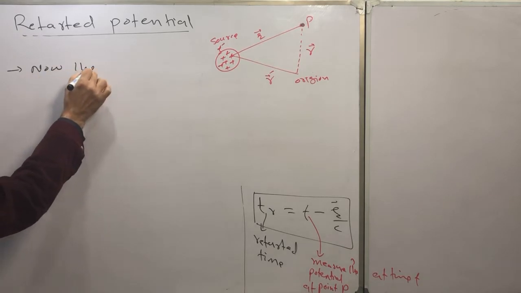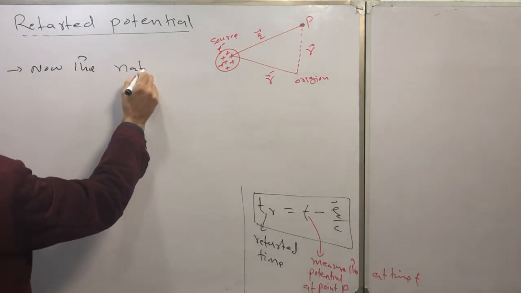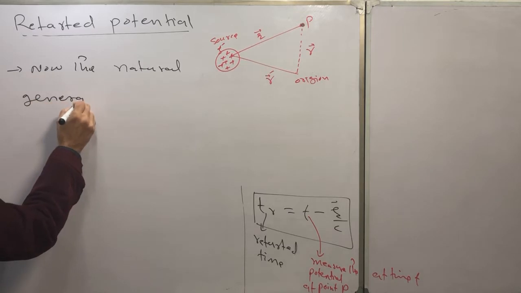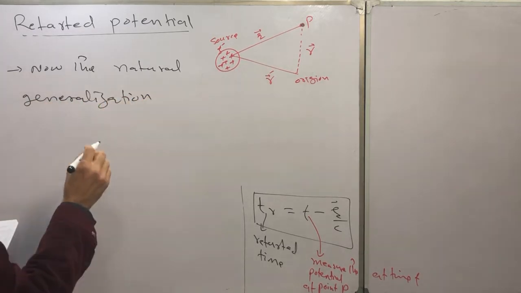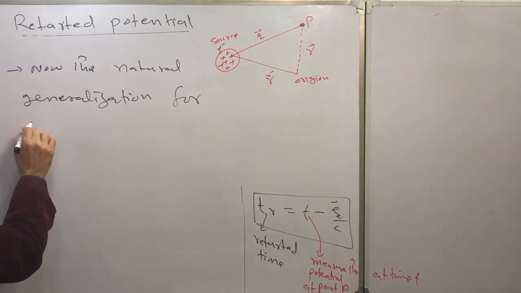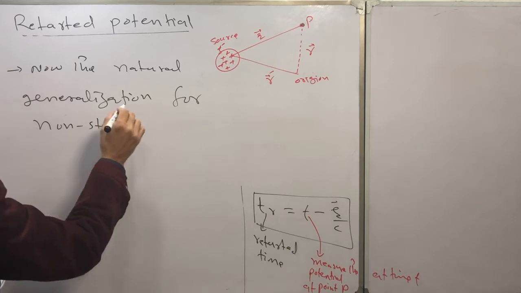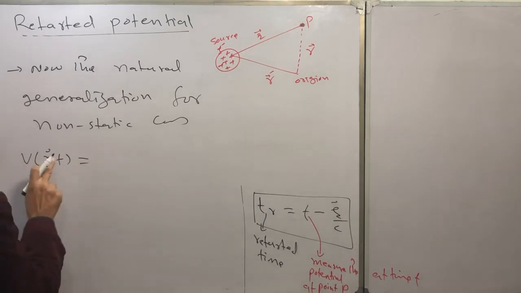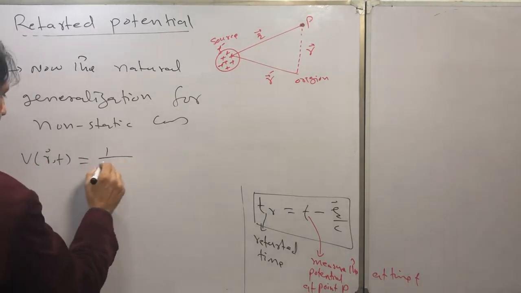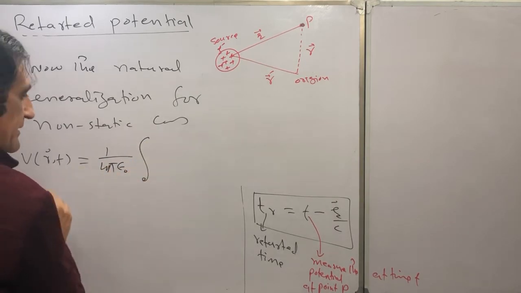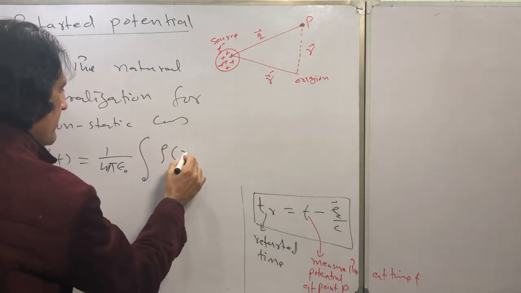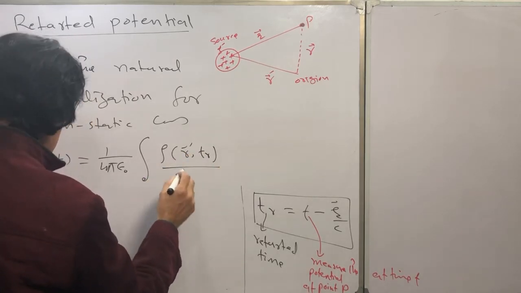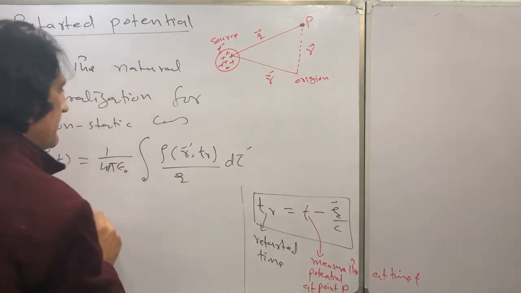Now the natural generalization for the non-static case: the potentials must be equal to V of R including time, which is equal to 1 over 4 pi epsilon naught integral of rho of r prime and tr, this is the retarded time, divided by curly r, d tau prime.